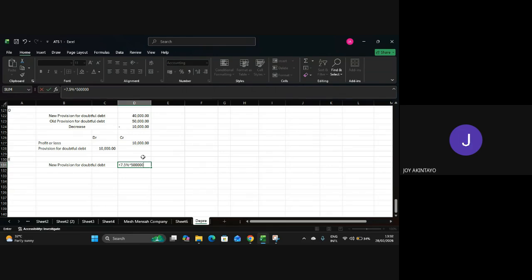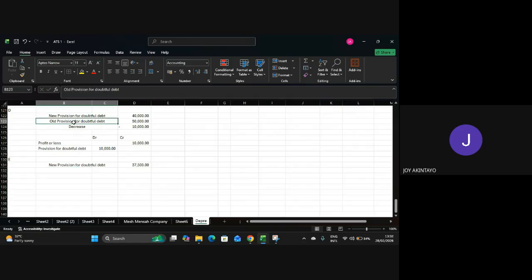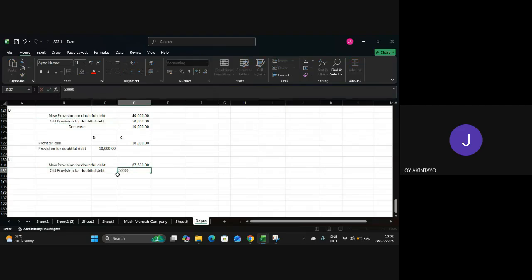So we have 37,500. So the old provision is this. It's still our usual splitting.